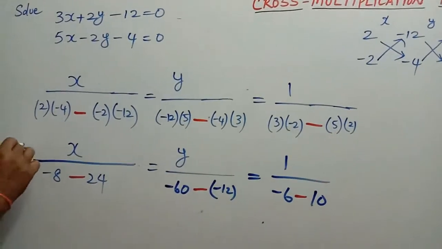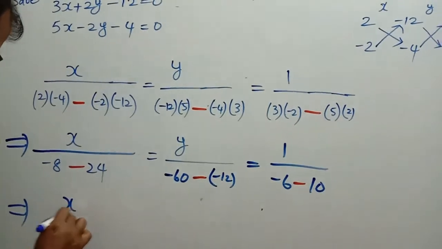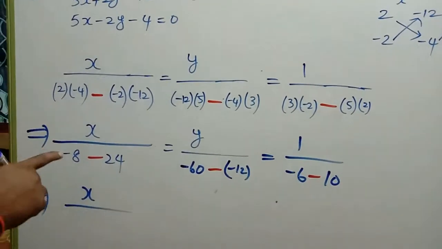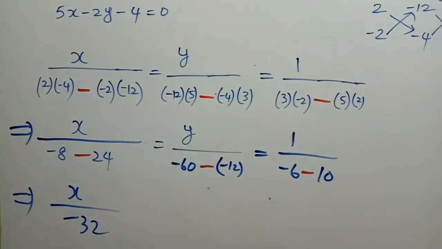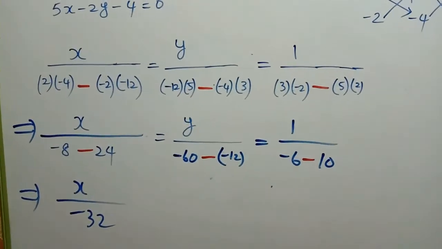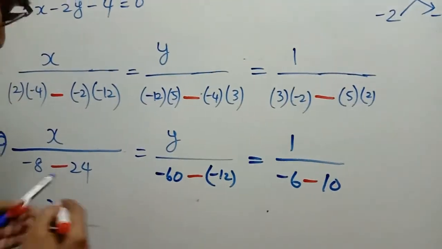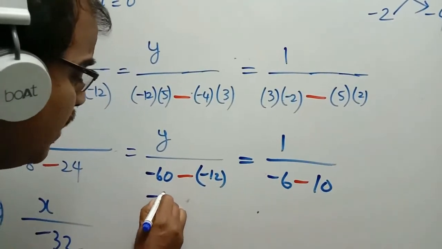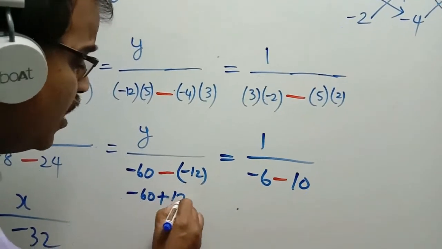This implies x by minus 8 minus 24, minus 32. Here actually I forgot to write something. Not negative, positive. Actually I have to write one more step. This is nothing but minus 60, minus into minus is plus, you are habituated, no? Plus 12.